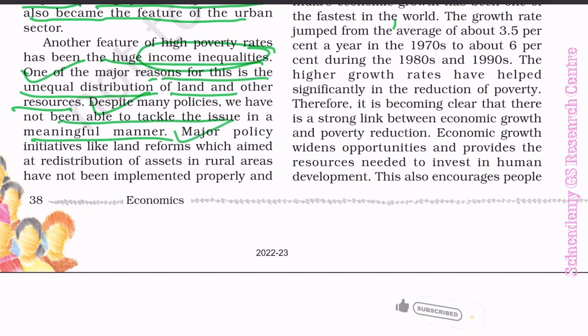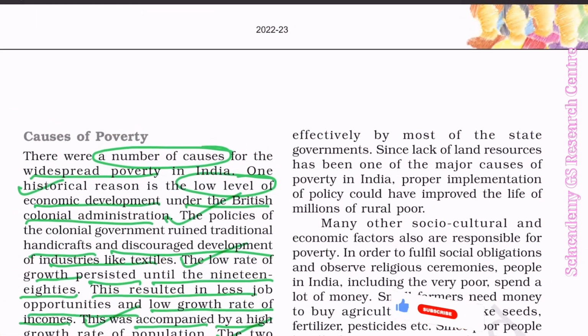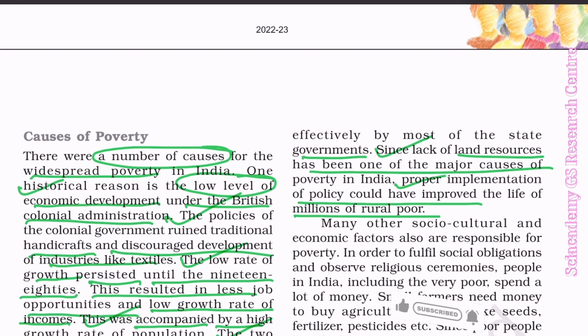Major policy initiatives like land reforms, which aimed at redistribution of assets in rural areas, have not been implemented properly and effectively by most of the state governments. Since lack of land resources has been one of the major causes of poverty in India, proper implementation of policy could have improved the life of millions of rural poor.